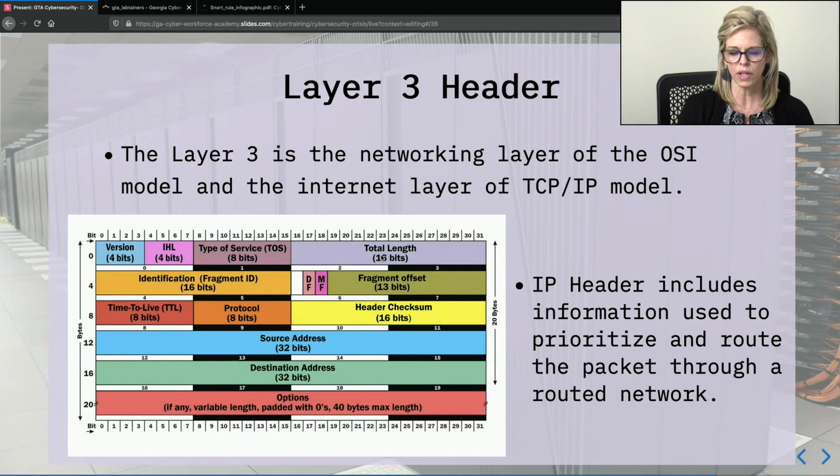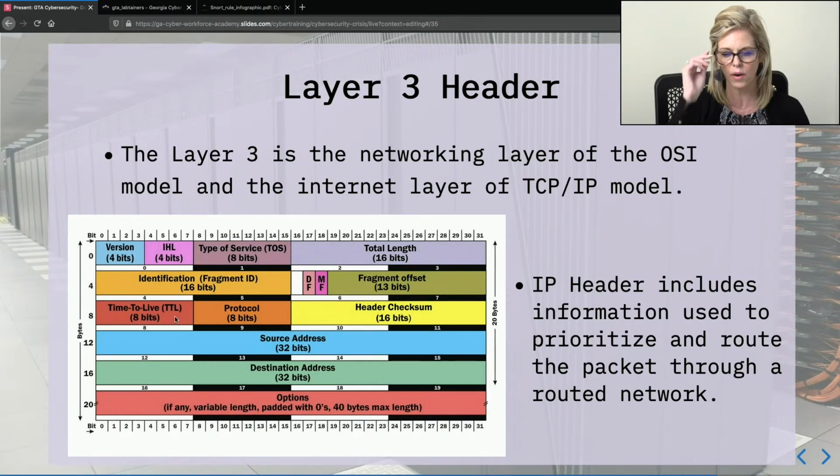The total length field, the identification or fragment ID section, the fragment offset for don't fragment or more fragments flags that are included here, the time to live value, the protocol field, the header checksum.